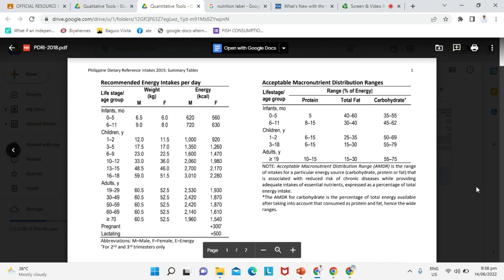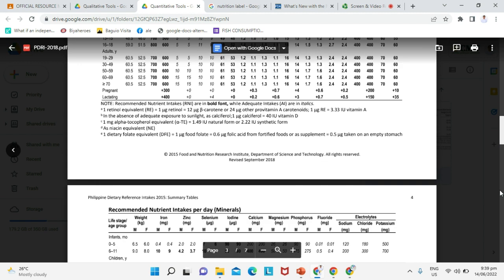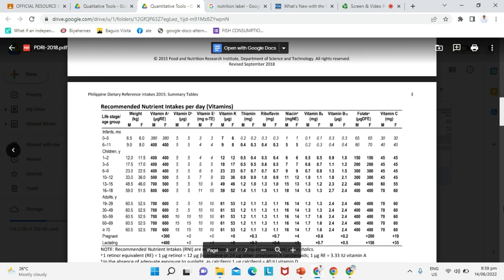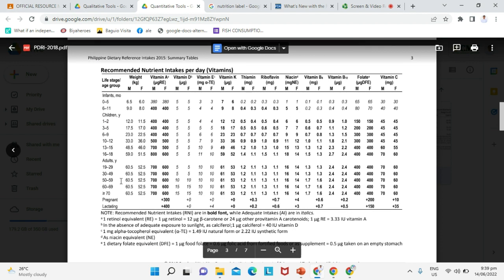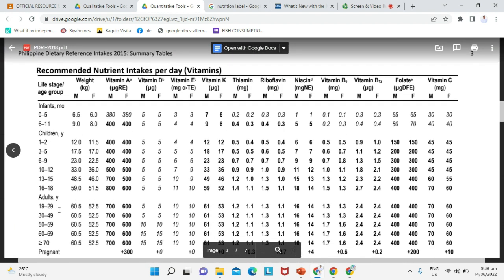Sige. Say for example, you are curious no as to how much vitamin C you need daily. So, let's assume you're now 20 years old and for example, babae ka. So, tan-awon lang nimo diri, 'di ba? So, 19 to 29, diya ka na belong kay 20 years old man ka. Then, tan-awon nimo ang vitamin C. Okay?